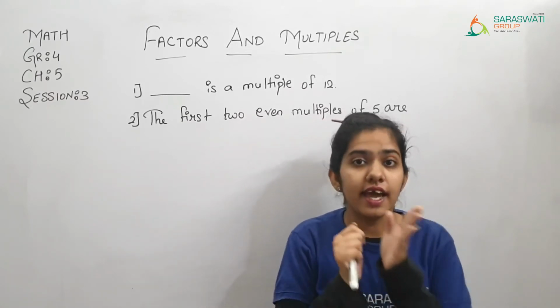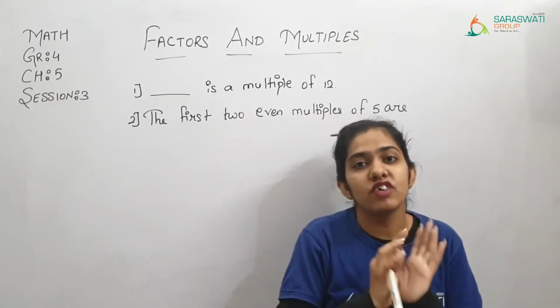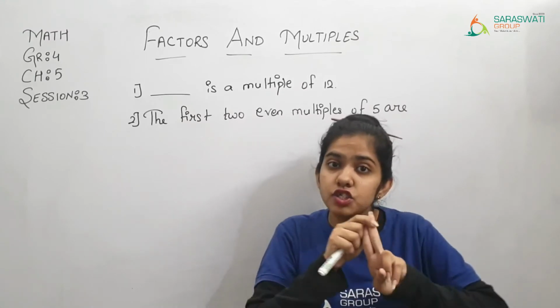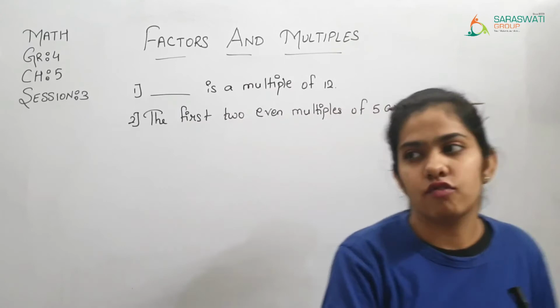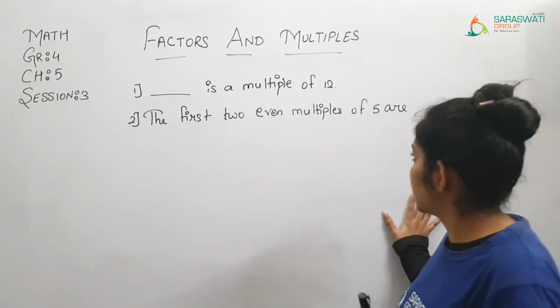So 10 and 20 are the even numbers of 5. First two even numbers of 5. Okay? So your answer is 10 and 20.